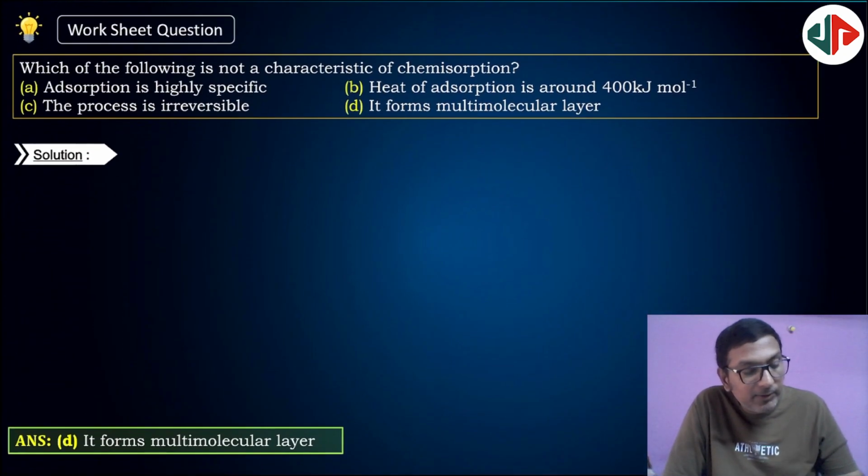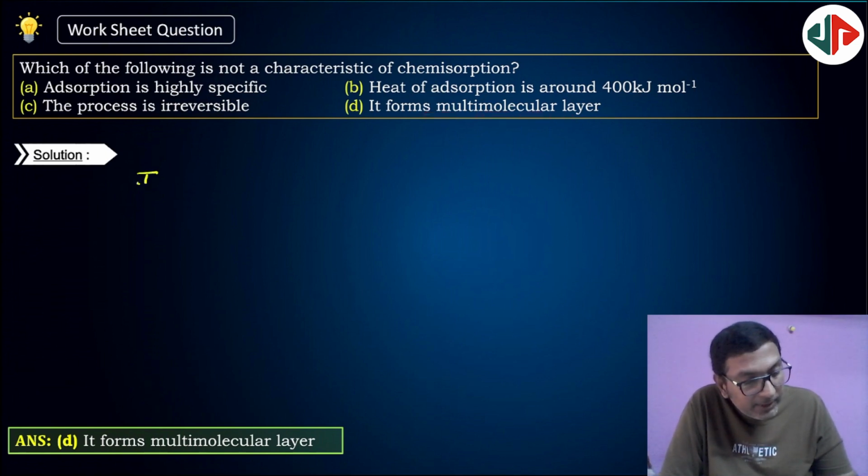So which of the following is not characteristic of chemical adsorption? It is highly specific due to formation of chemical bond between adsorbate and adsorbent. Heat of adsorption is very high, 40 to 400 we can take, very high. This process is irreversible due to formation of bond. It forms multi-layers, that is wrong.